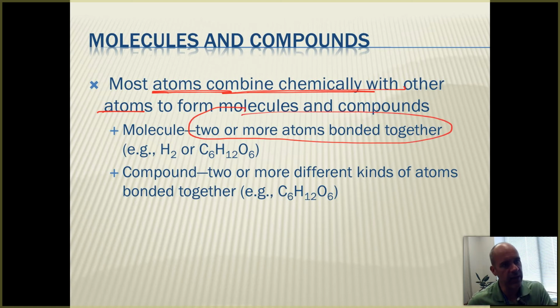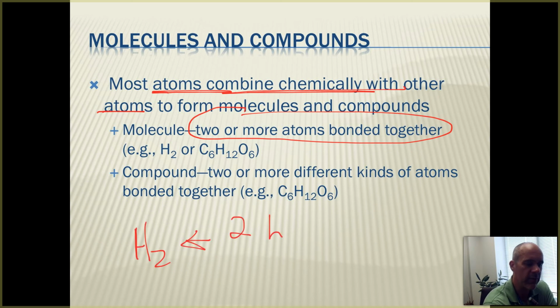Now, if you take a chemistry class, you're going to get into a lot more details than what we're going to cover as far as how those atoms bond with each other. For the most part, in this class and in most biology classes, you can just think about, all right, if you see something like H2, that means you have two hydrogen atoms bonded together.